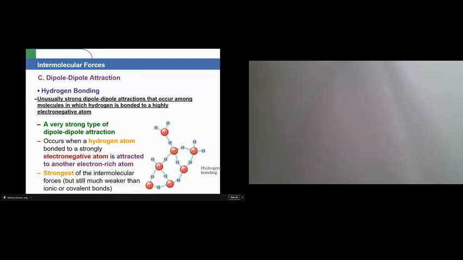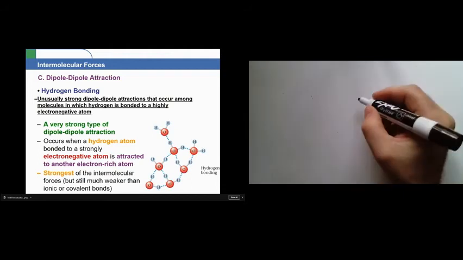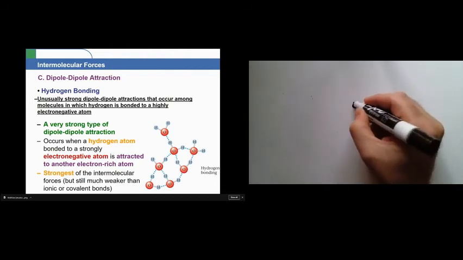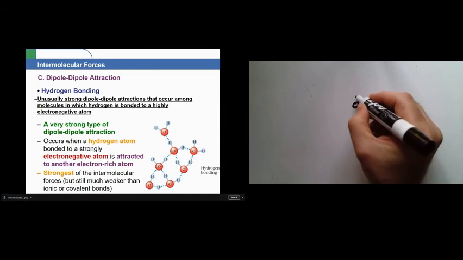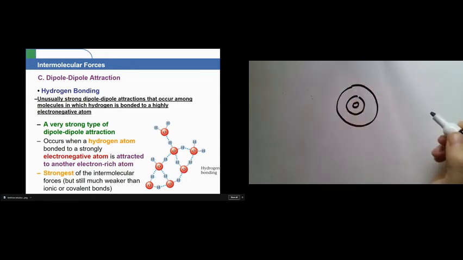Now, what actually causes hydrogen bonding? Well, hydrogen bonding, as I said, involves hydrogen attached to a very electronegative element. By very electronegative, we're talking like fluorine or oxygen, one of those in the top right-hand corner, okay? Now, looking at the electron shell models of these, let's say you have oxygen, and since it's in the second period, it has two layers, right?